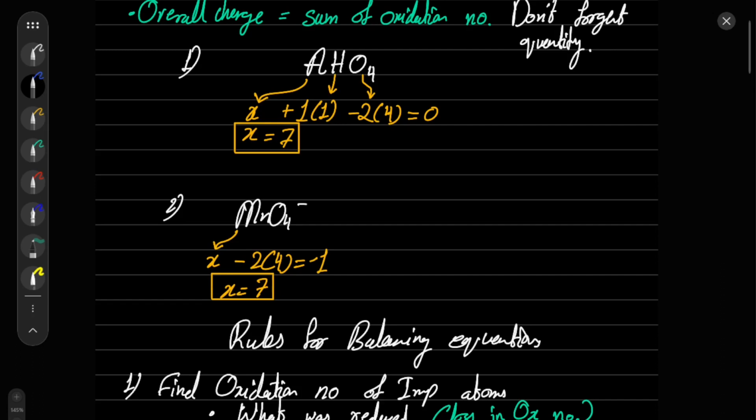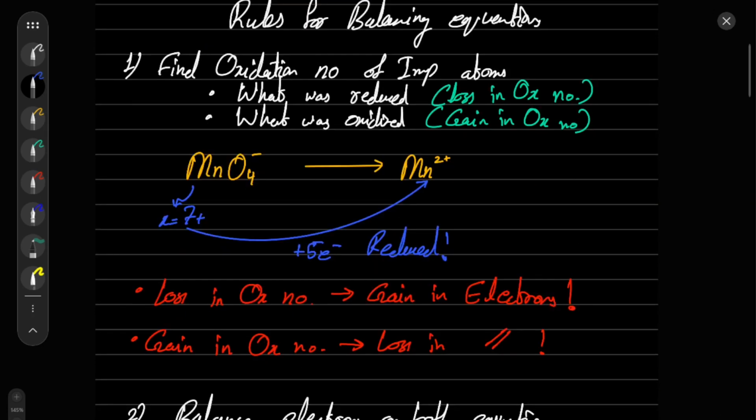Now, the rules for balancing equations depend on the fact that you need to figure out the change in oxidation number for the substances in question. If you are able to figure that out, you have done most of the work. For example, I have some X and Y reaction happening, and I figured out that MnO4 negative is present and Mn2+ is present.